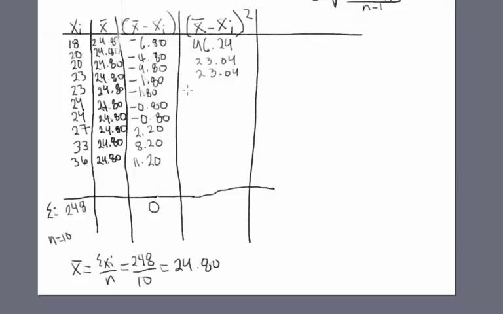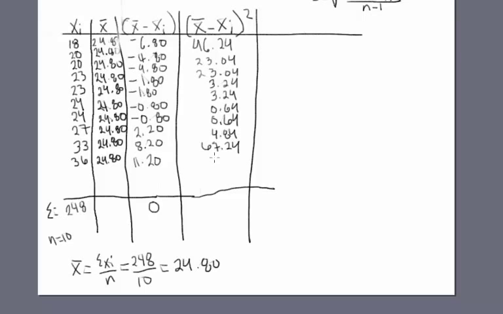Negative 1.80 squared is 3.24. Again, negative 1.80 squared is 3.24. Negative 0.80 squared is 0.64. Again, negative 0.80 squared is 0.64. 2.20 squared is 4.84. 8.20 squared is 67.24.